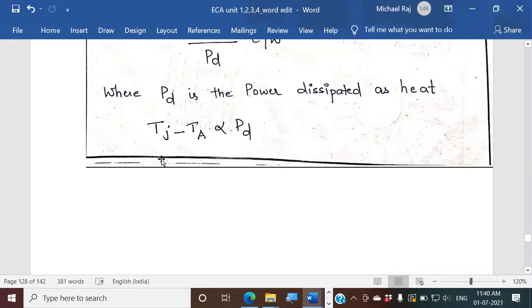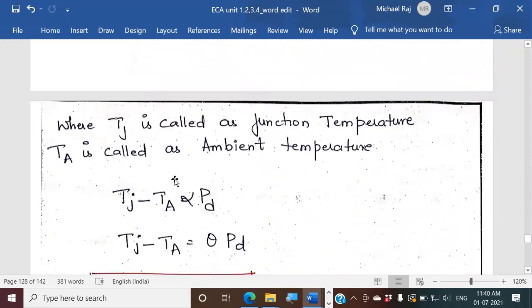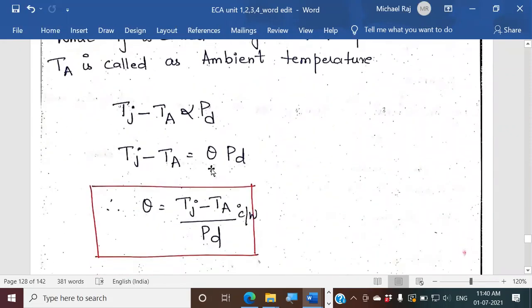Now we can add a proportionality constant and say Tj minus Ta is equal to theta, where theta is a proportionality constant. Just now we discussed that power dissipation is proportional to junction temperature minus surrounding temperature, because the junction temperature is rising from the ambient temperature.